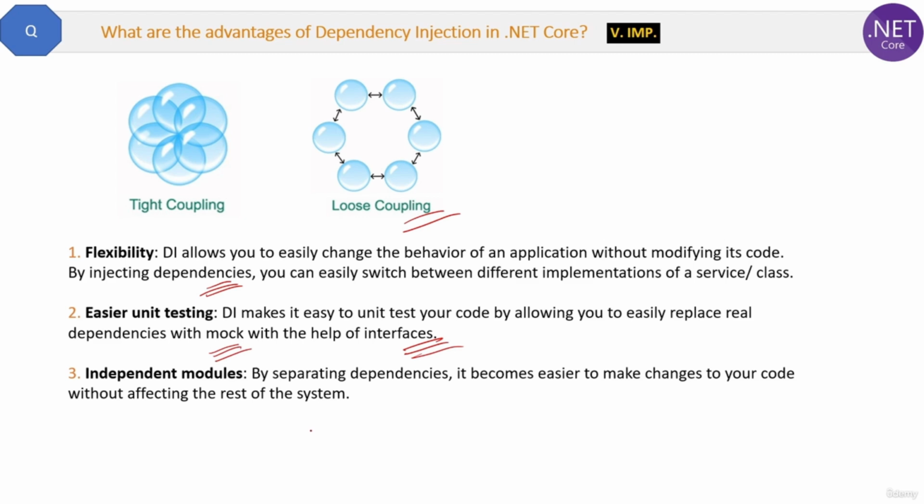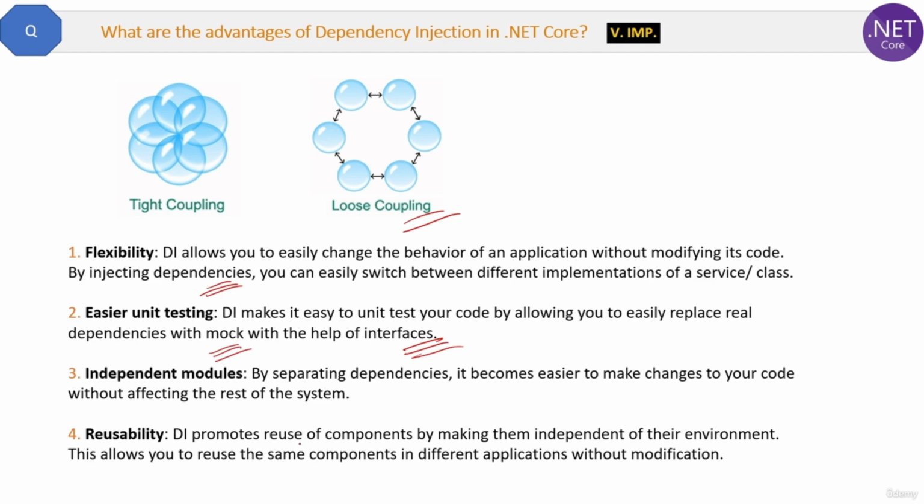The fourth advantage is reusability. DI promotes the reuse of components by making them independent of their environment. This allows you to reuse the same components in different applications without modifications.